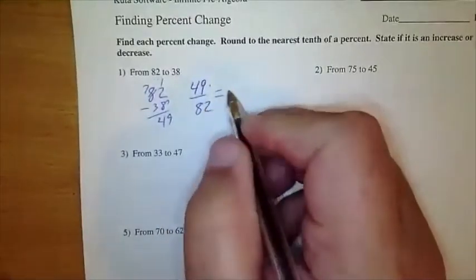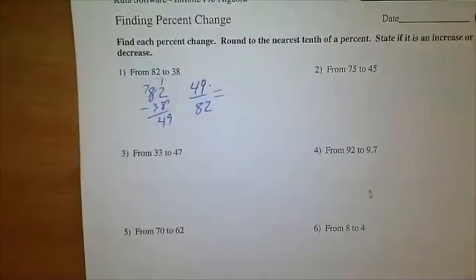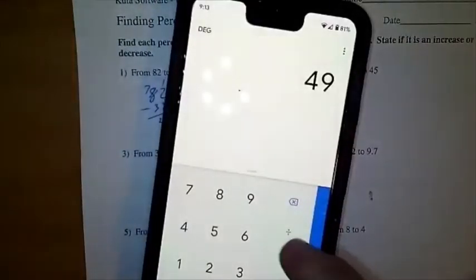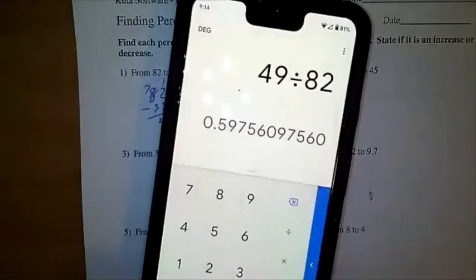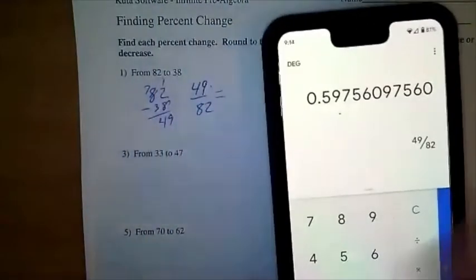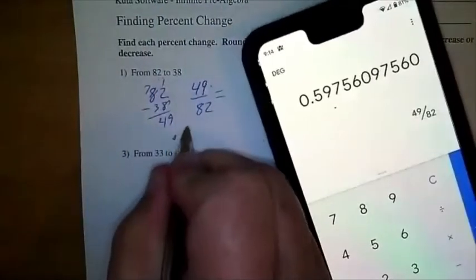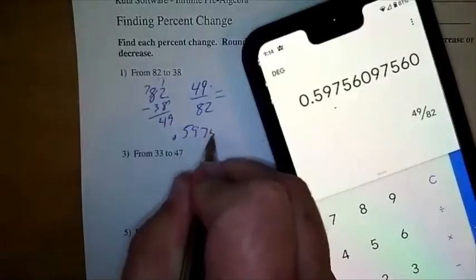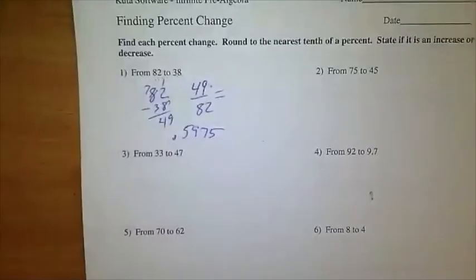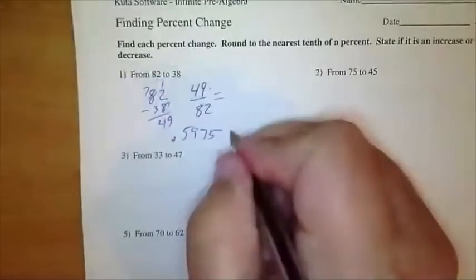So when I do this, I, of course, let's see, where's my calculator? And I get 0.5975, and then there was a 6 after that.